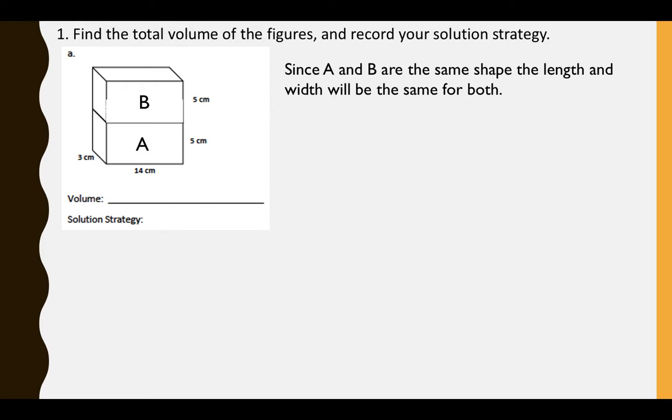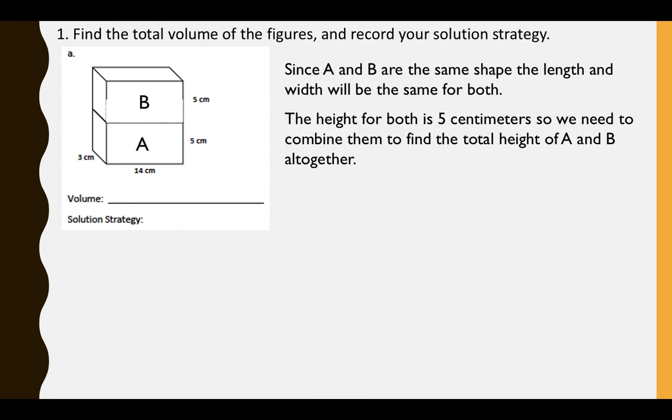So since A and B are both the same shape, the length and width are going to be the same for both. So you see at the bottom the length of 14 centimeters and the width of 3. Since they're the same shape, that's going to stay the same as you move up to figure B. Now the height for both, it says 5 centimeters.